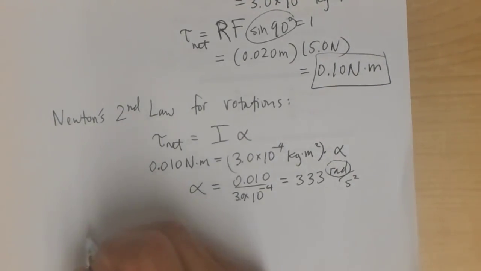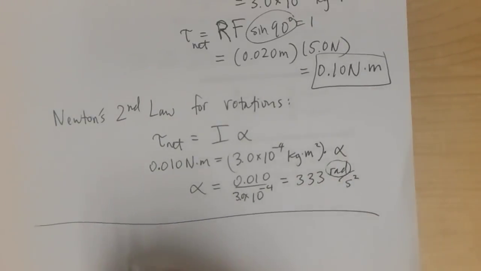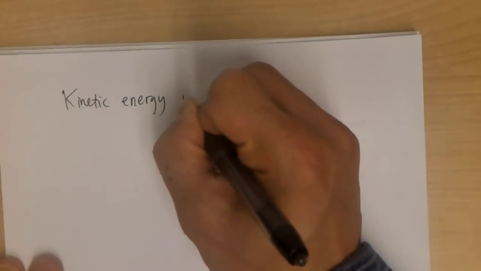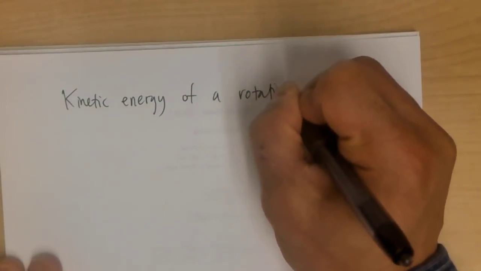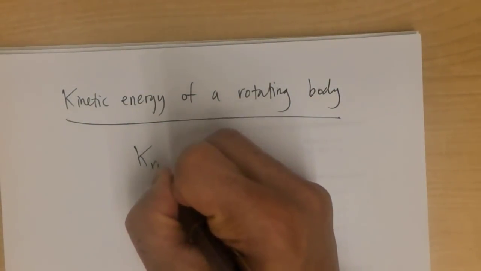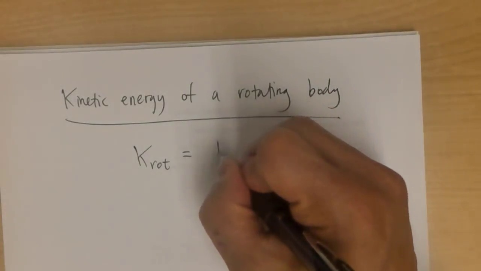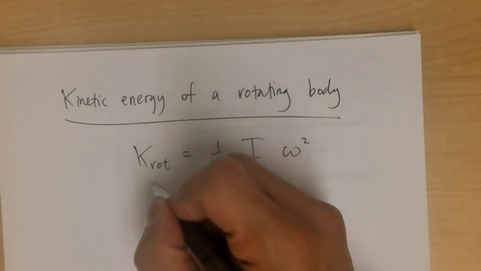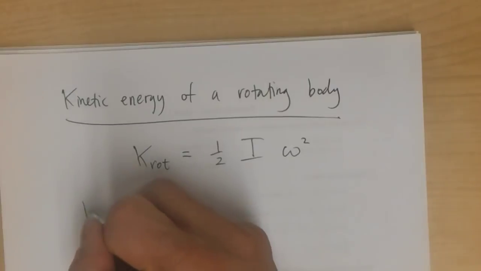All right. The next topic is about the kinetic energy of a rotating body. And the formula, K rotation, is 1/2 I omega squared. And we can get this directly from the analogies. So let's do the linear analogy.